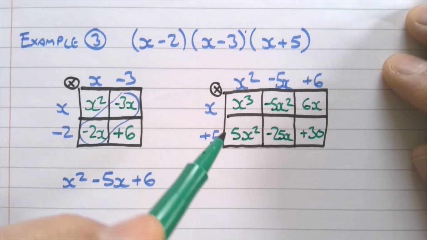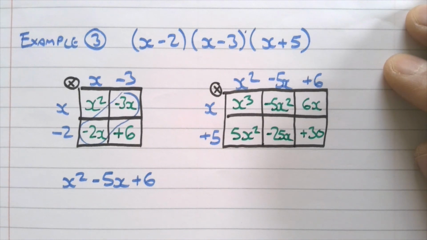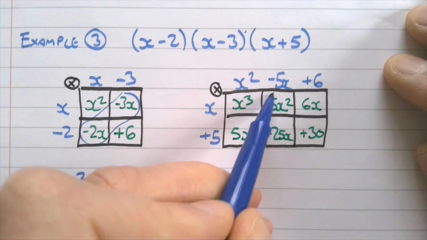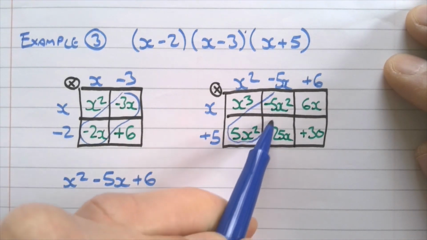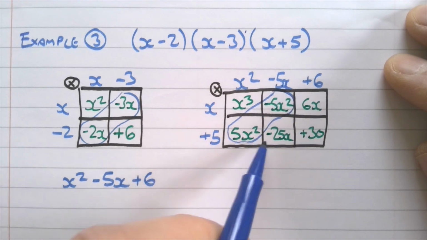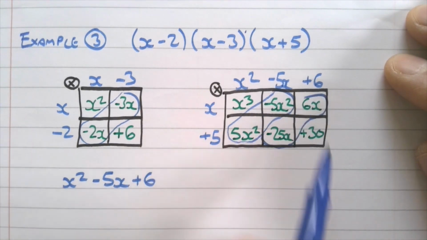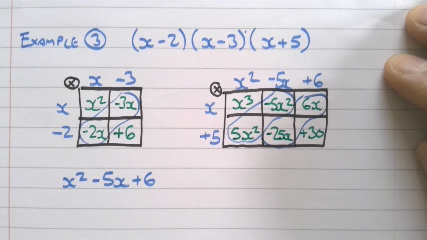So we just need to collect up our like terms, don't we? So we've got x squared, so let's bring together the x squareds, put a sock around those. And then we've got x's on their own, we can bring those together, put a sock around those.